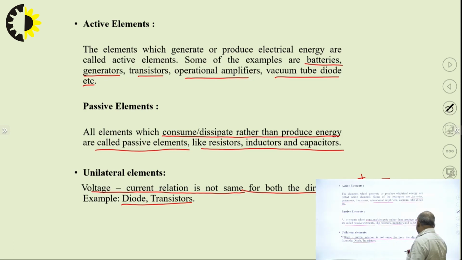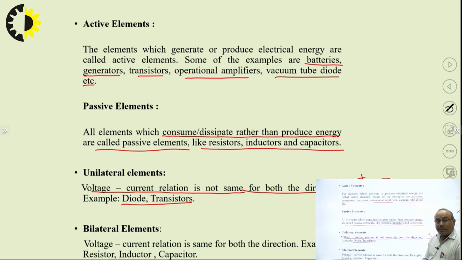But if we reverse bias the diode, that means I make the opposite polarity on anode and cathode, like this, then a very small current or no current passes through the diode, and the relation between voltage and current is also different. So the diode works as a unilateral element, it is not a bilateral element.